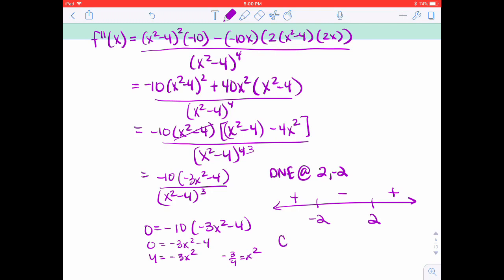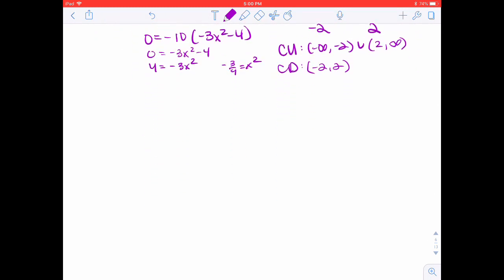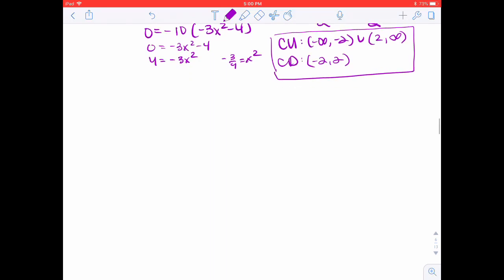So concave up, we get from negative infinity to negative 2 and 2 to positive infinity. Concave down, we get negative 2 to 2. Alrighty, so that is that example. So these are our intervals of concavity, excuse me.